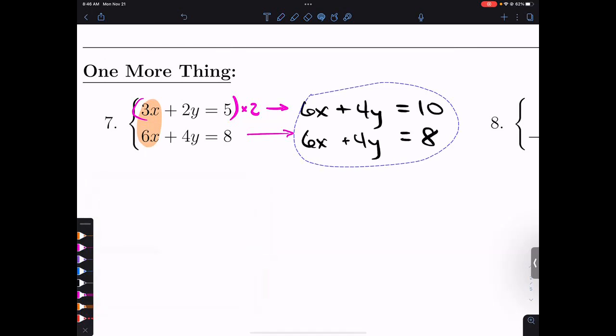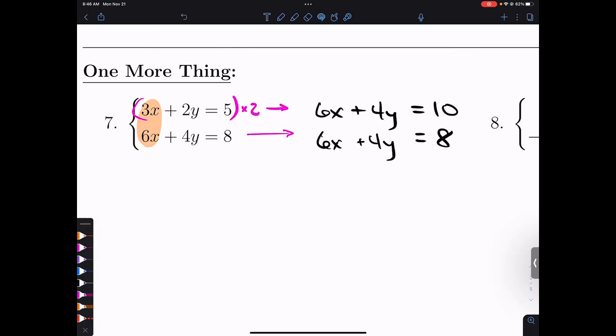Okay, now if we're going to do an elimination, what do we need to do? I'm trying to get rid of x. And sometimes it may not be a bad idea, for a while at least, to actually write out what you're doing. I'm trying to eliminate x. Okay, 6x and 6x, so we need to subtract.